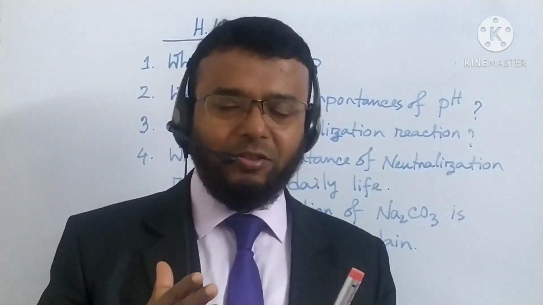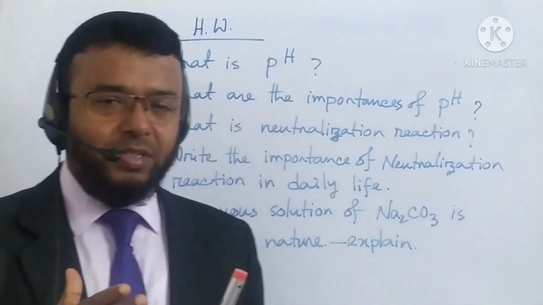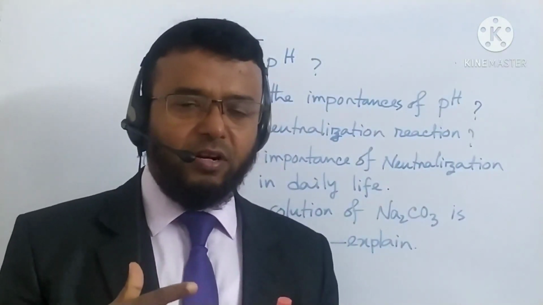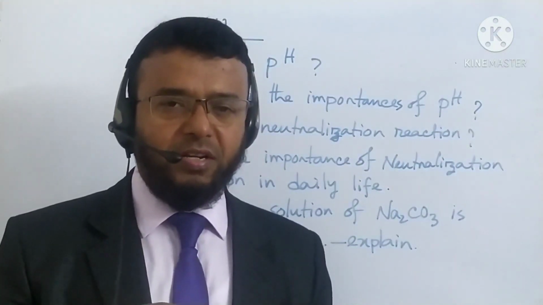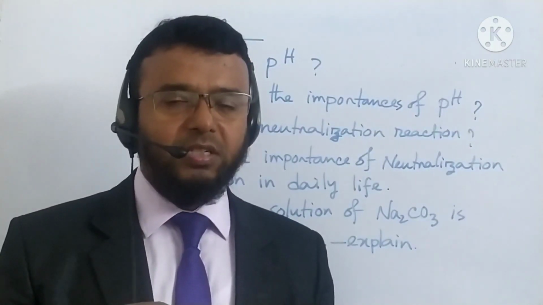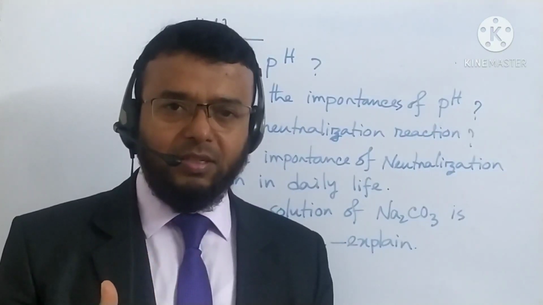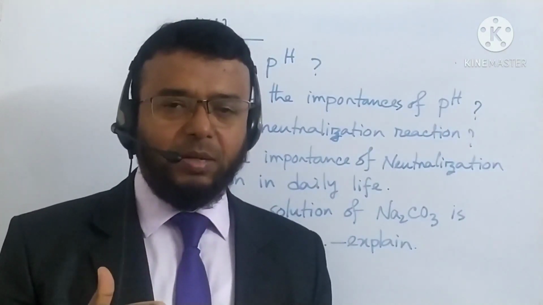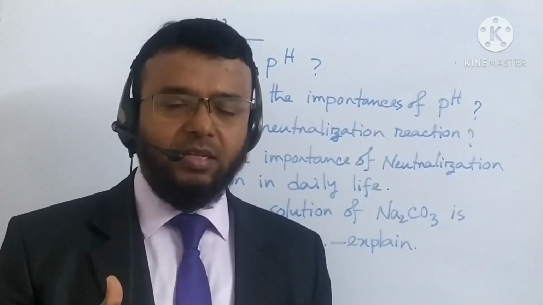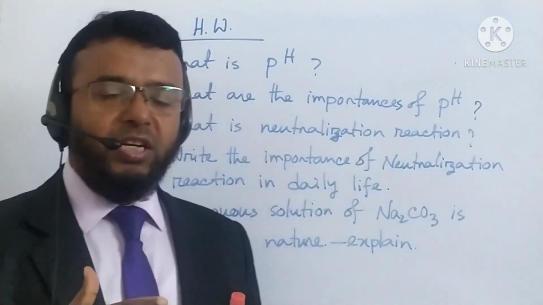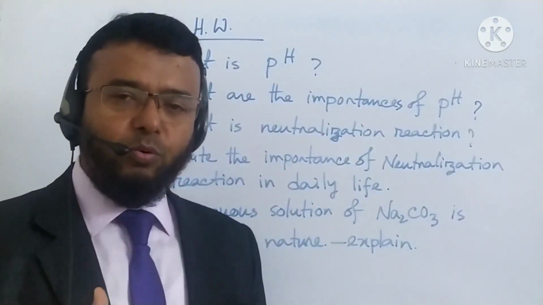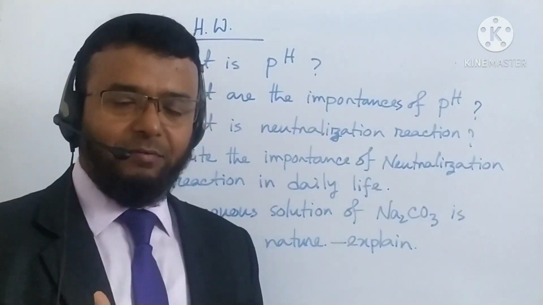Okay, students, today I have discussed some important lessons of chapter 9 chemistry. It is acid base balance. First of all I gave what is pH, then some mathematical problems of pH. Then I showed the neutralization reaction and the importance of neutralization reaction in daily life.